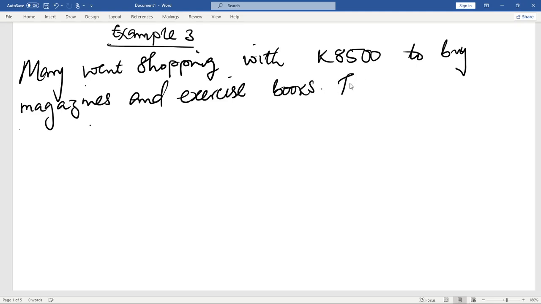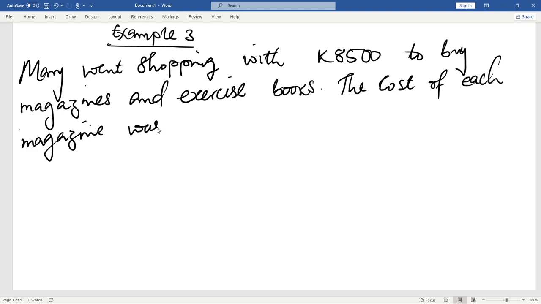So the cost of each magazine here was 1,700 kwacha.